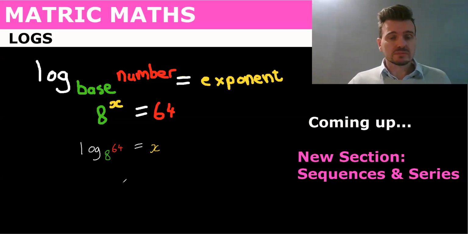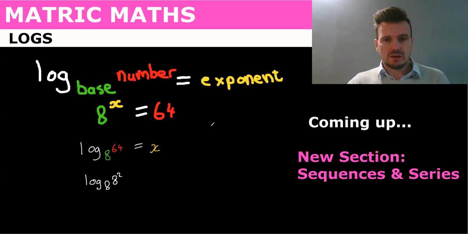Now, just a little bit of an introduction to log laws. We know that log 8 is the same as log of 8 to the 2. And here we have two log laws in place. One of the log laws says that log x of m to the n is equal to n log x of m.